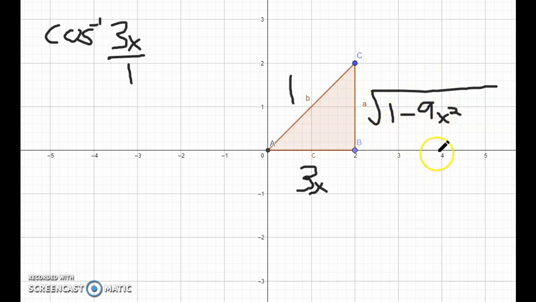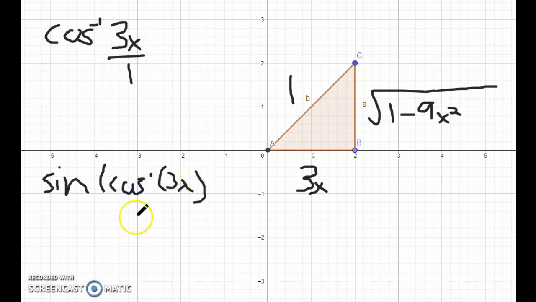And we were looking for sine, so sine is opposite over hypotenuse. So the sine of arc cosine of 3x equals opposite over hypotenuse. Hypotenuse is 1, so we can ignore it. So it's just the square root of 1 minus 9x squared.